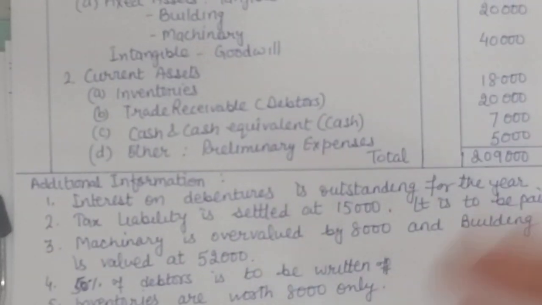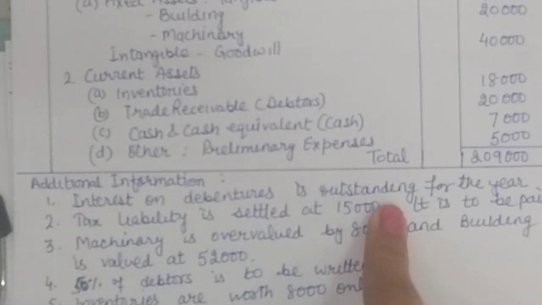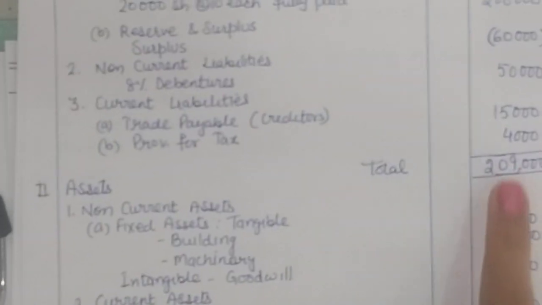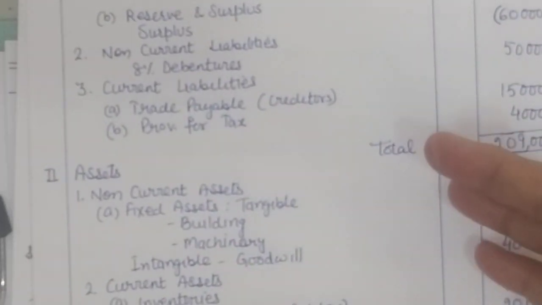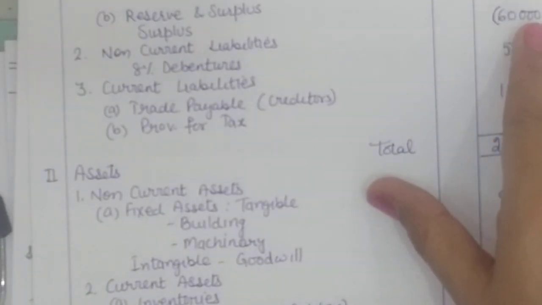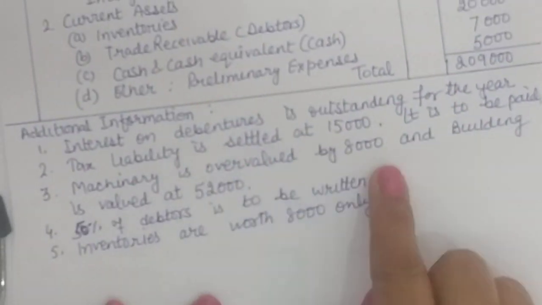Further, a thorough analysis tells us that their interest on debentures is also pending. Their liability is settled at 15,000. They are still showing it at 4,000. So again, if they bring this liability into the accounting, their surplus will be reduced further. So they will be having more losses. Machinery is overvalued.